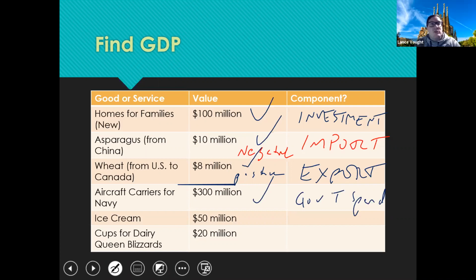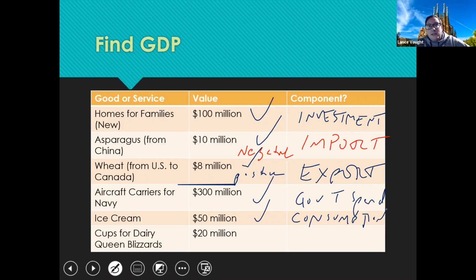Whether it's the old fashioned way with the salts or churned or whatever method, are you getting it from your local dairy place? Doesn't matter. It's all domestic ice cream. It's counting in GDP and it counts under consumption because that's spending by households on ice cream, delicious ice cream.